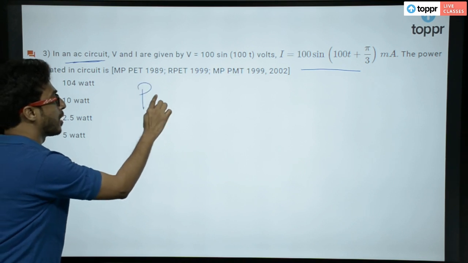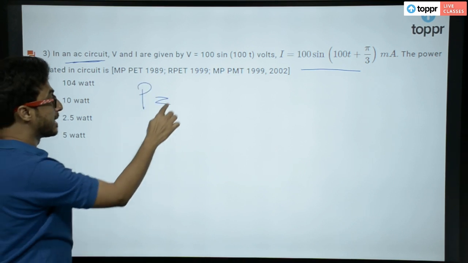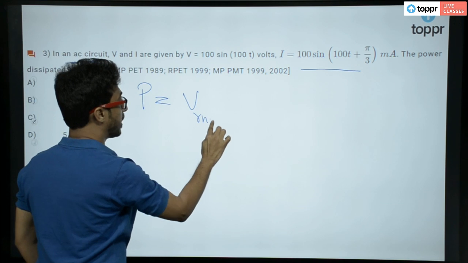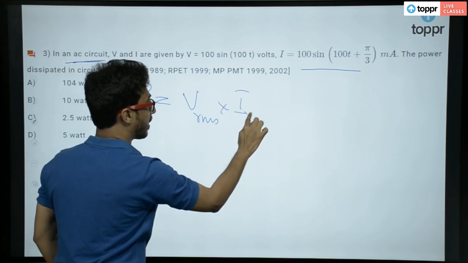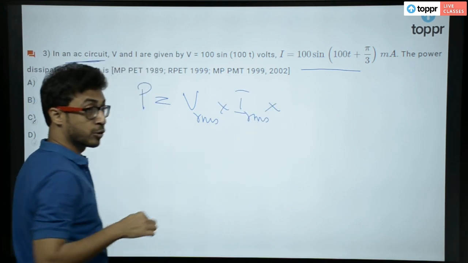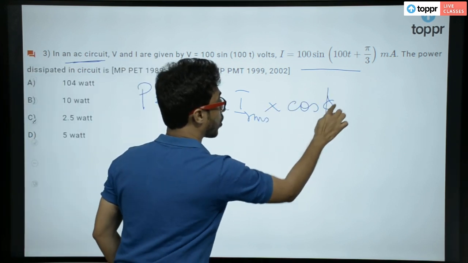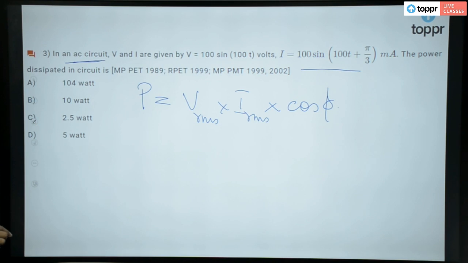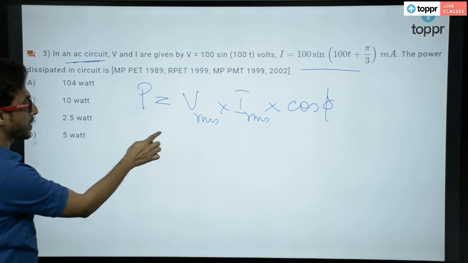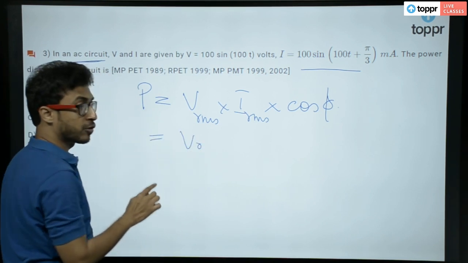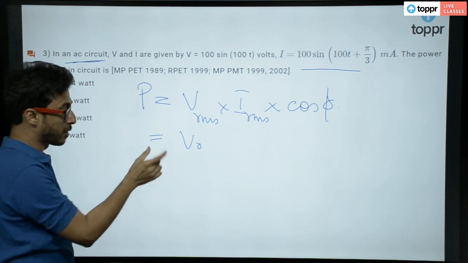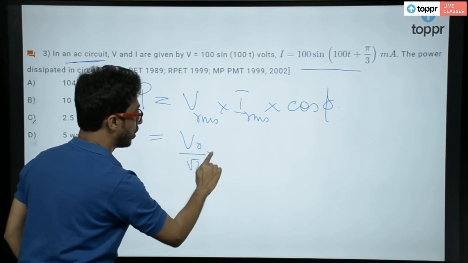Now, what is the formula of power dissipation? It is Vrms into Irms into cos phi, where cos phi is the power factor. Vrms is V0, the maximum value of the voltage, by root 2.